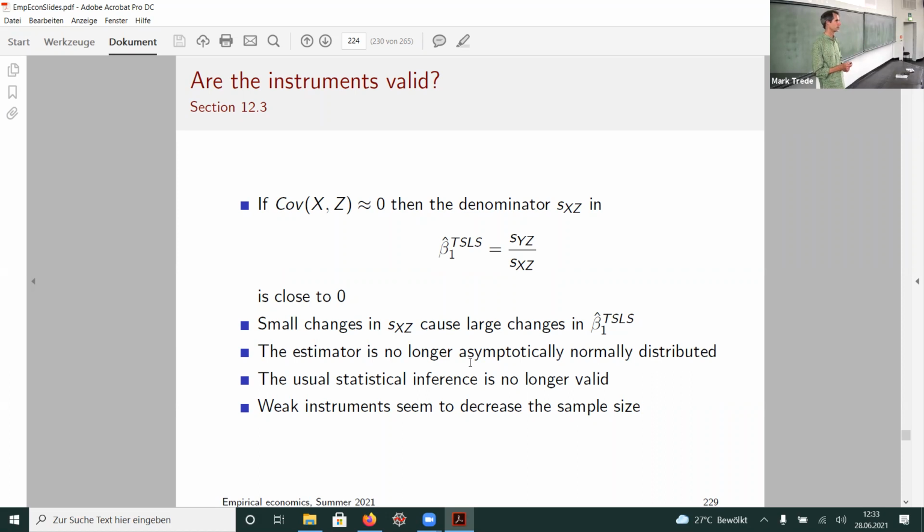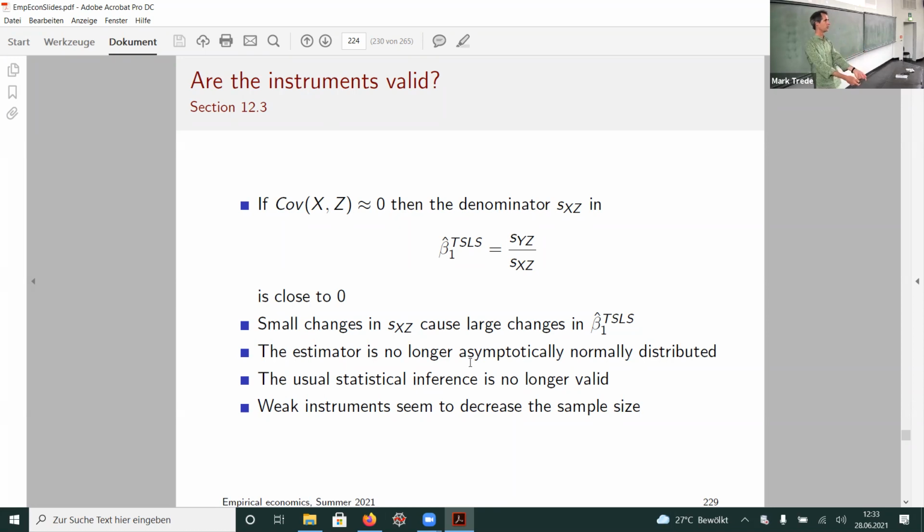Exactly. So usually you construct a confidence interval in such a way that it covers the true value with 95% probability. And here, this won't happen. So it might cover the correct value or not, but a priori, the probability that it does is not 95%. So it could be much smaller. And then you have a problem because you think that you get the true value, but you don't.